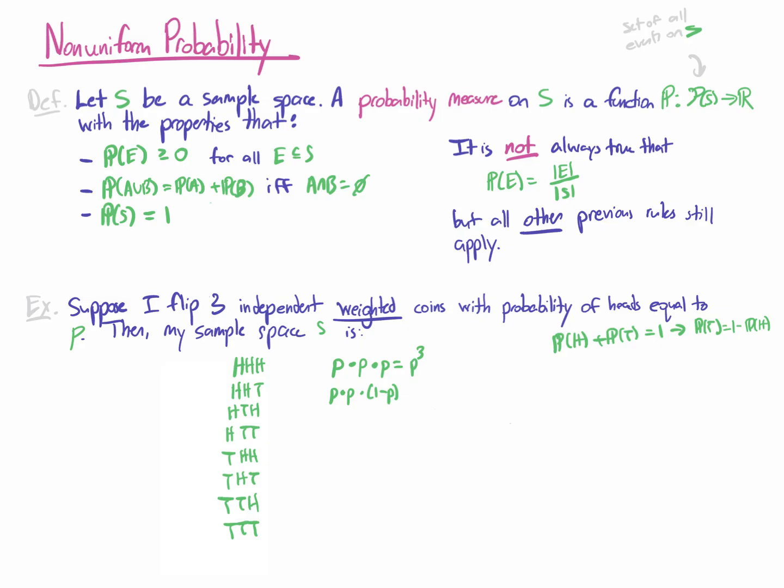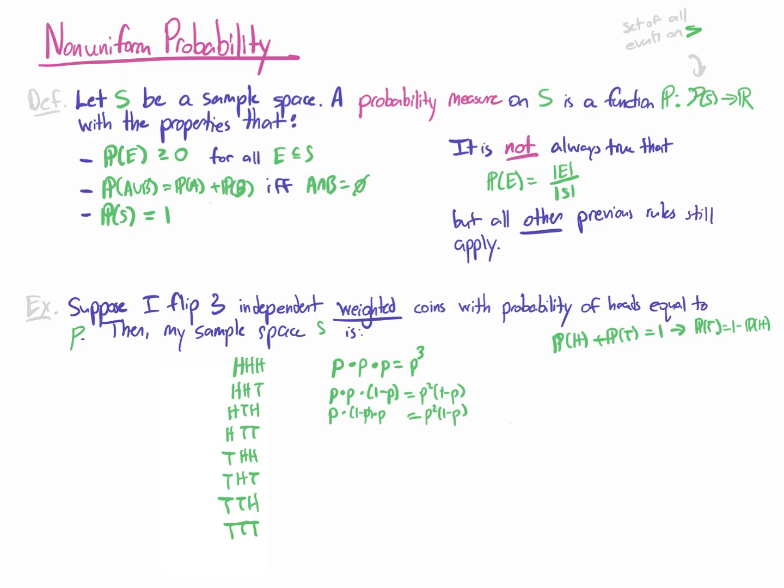Okay, same calculation here actually. So P times 1 minus P times P. I'm going to start writing these in simplified form. So this is going to be P squared times 1 minus P.